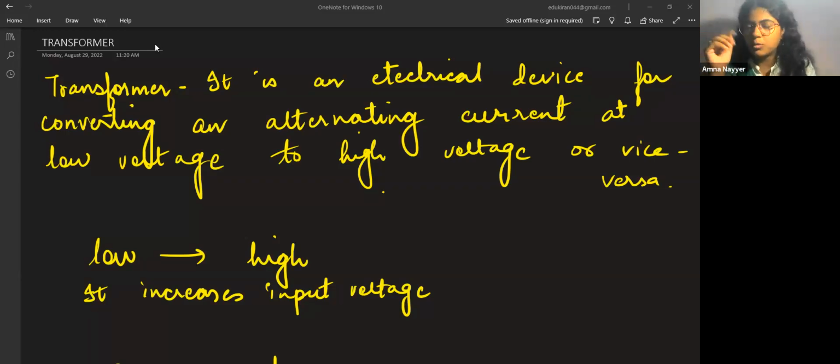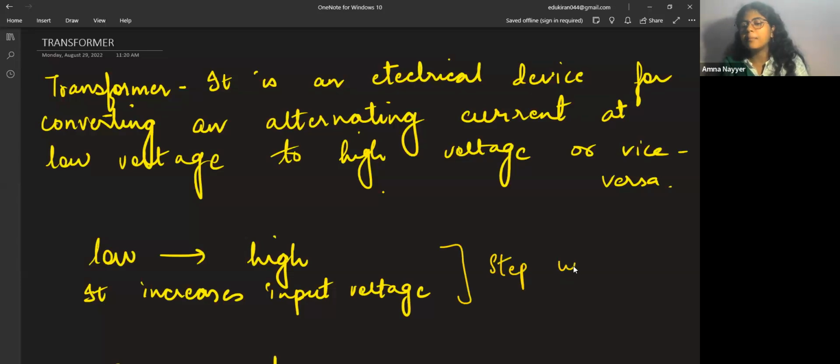Transformers are also of two types. You have step up transformers and step down transformers. If you are converting the voltage from low voltage to high voltage, then that transformer you call a step up transformer. So understood, transformer is which type of device?